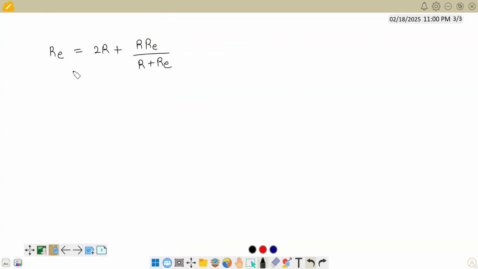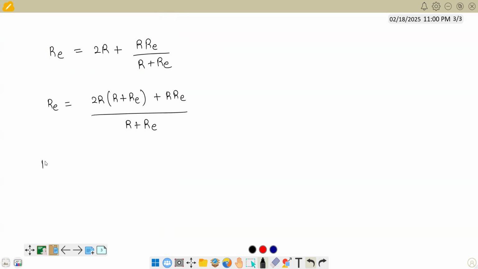So let me take these terms to the other side. I will do the LCM here itself. So I will get RE equals 2R into R plus RE plus R into RE, divided by R plus RE.